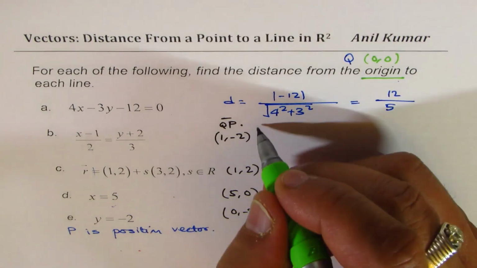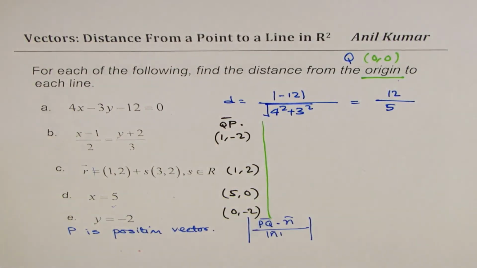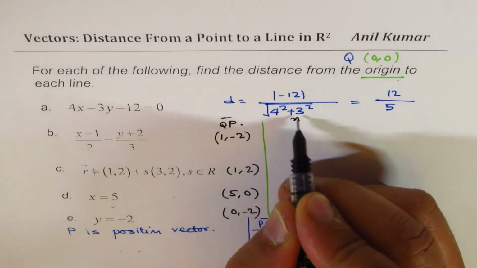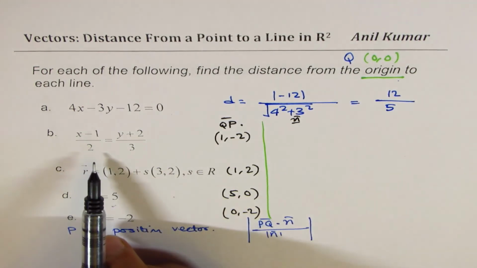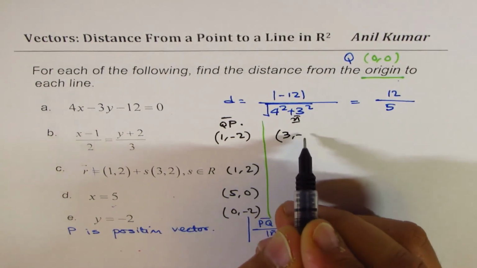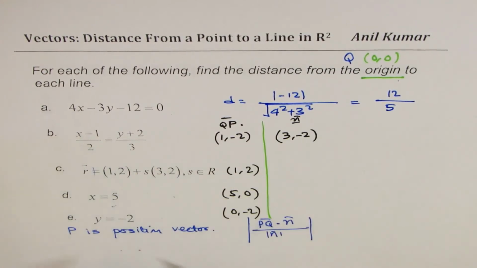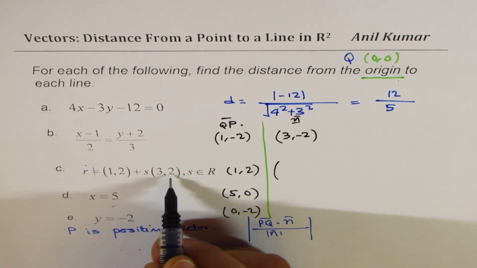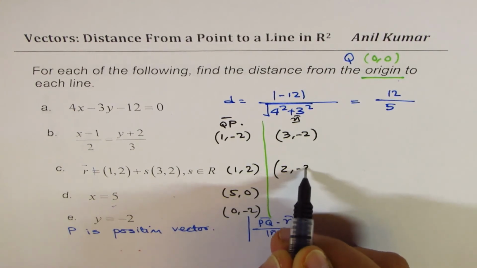So you could make a column for OP. Is it okay? Now, normal. Normal for this equation, you know the direction is (2, 3). So the normal will be (3, -2). Just flip and interchange the sign. In this case, the normal will be (2, -3).